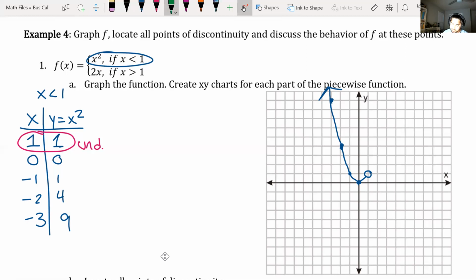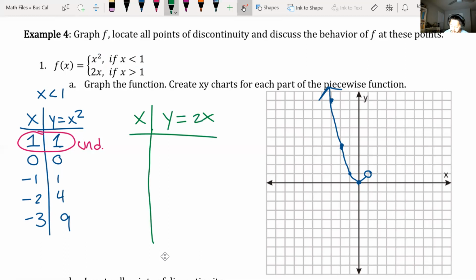Okay. So that function's graphed. Let's go ahead and graph the other one. We have x and y equals 2x. And this is for values of x greater than 1. So once again, it's telling me we have to be greater than 1, but I need a starting place.